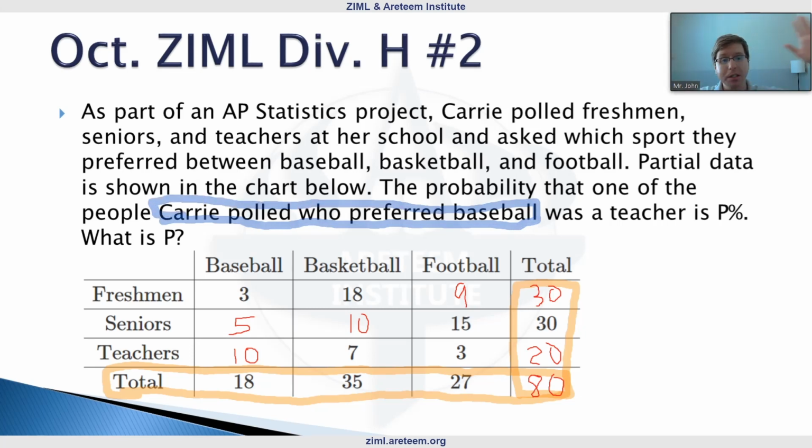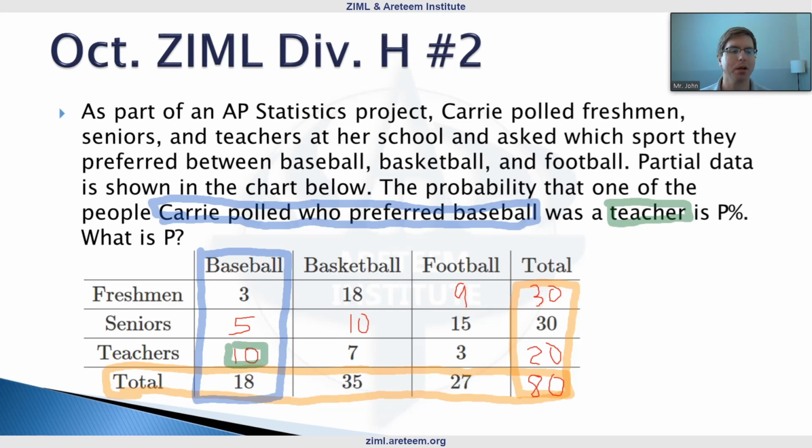Who likes baseball? We can narrow in just on this first column. There are 3 freshmen, 5 seniors, and 10 teachers, for a total of 18 people who prefer baseball to the other sports. Now, of all of those, the probability that one of those people who preferred baseball was a teacher is P%. So now we want to say, how many of those people were teachers?